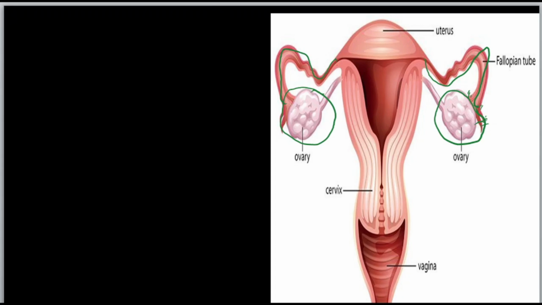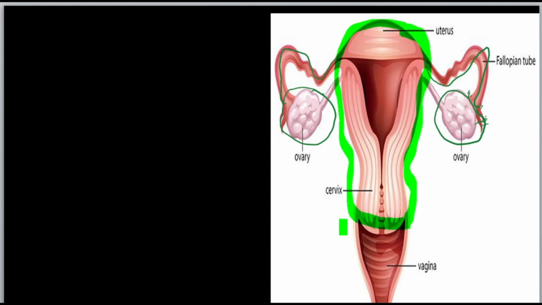And another structure is the uterus. This is the uterus. Next one is the vagina. These four form the female internal genitalia.